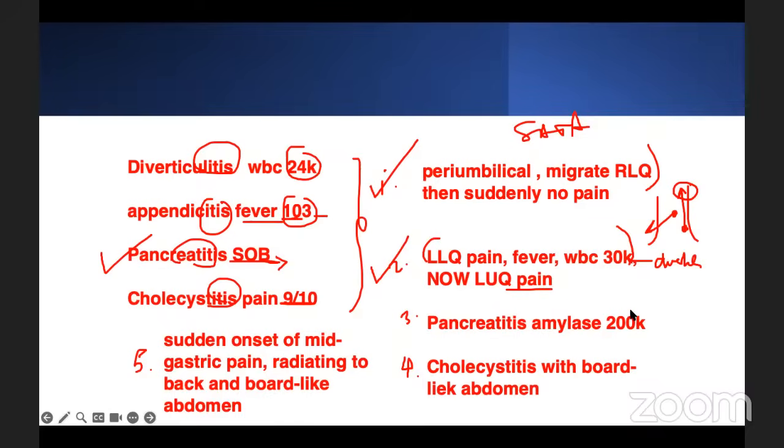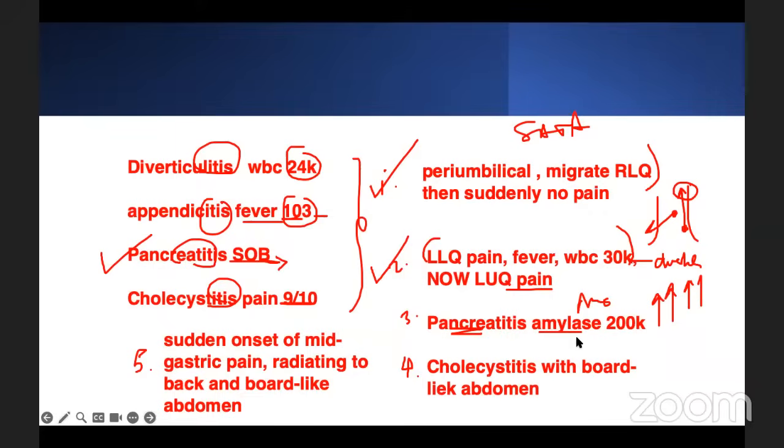Pancreatitis, amylase of 200,000. If you have pancreatitis, I expect your amylase to go up. The normal does not matter. I expect your lipase to be up. The normal does not matter. I expect what? You to have pain. I expect you to have some nausea. I expect you to be distended. I expect you to have mid-epigastric pain.